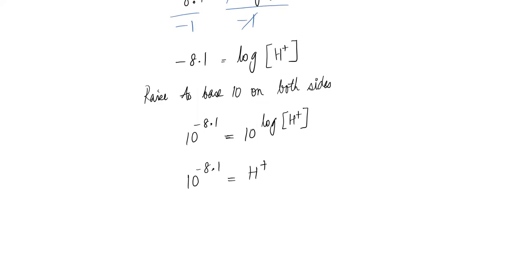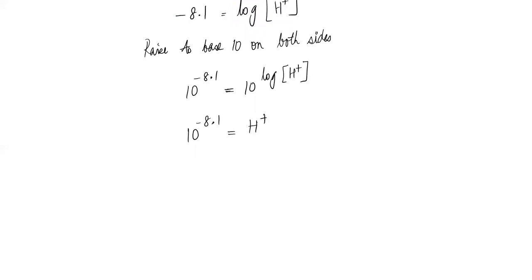If you were to expand this, it's a negative power, so that means it has to be a very small quantity. And we have to see how many zeros must go in before this, right?